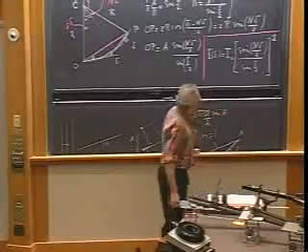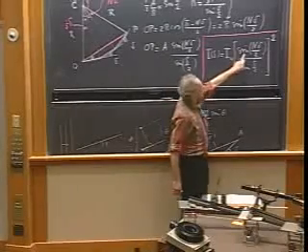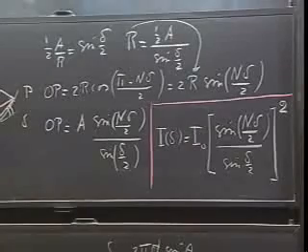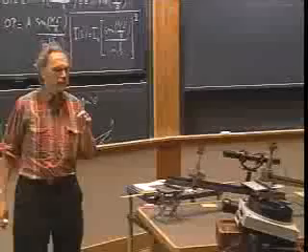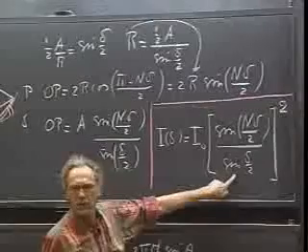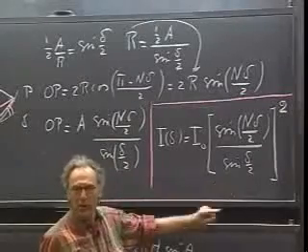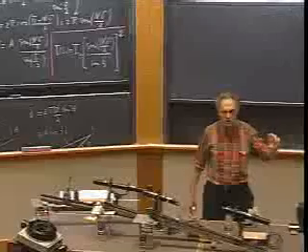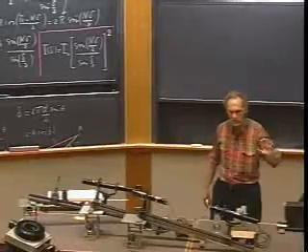Now, if the upstairs here is 0, you would think that the intensity is 0. That is not always the case. Because if the upstairs is 0 and the downstairs is also 0, you get 0 divided by 0, and now you need L'Hopital to calculate what that ratio is.